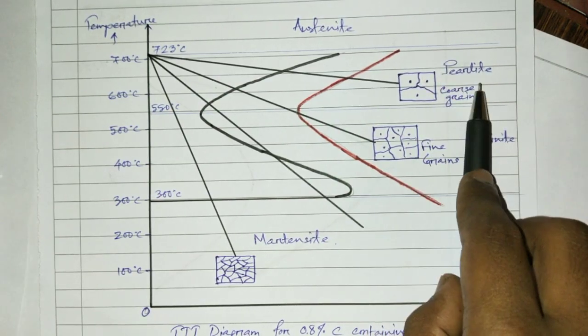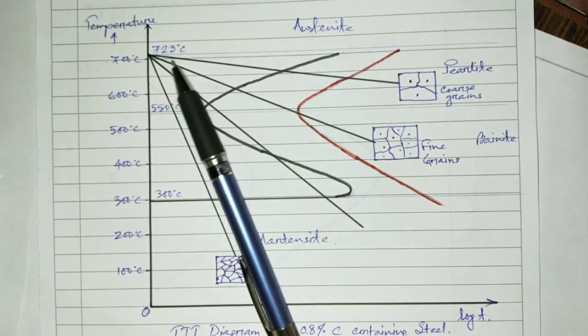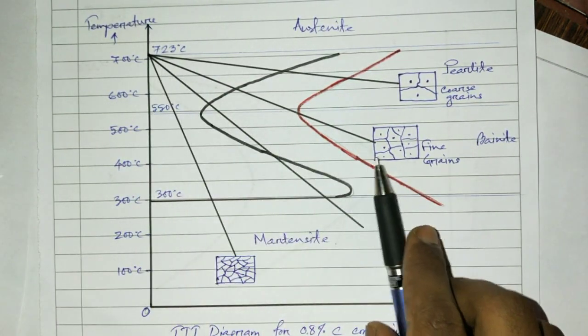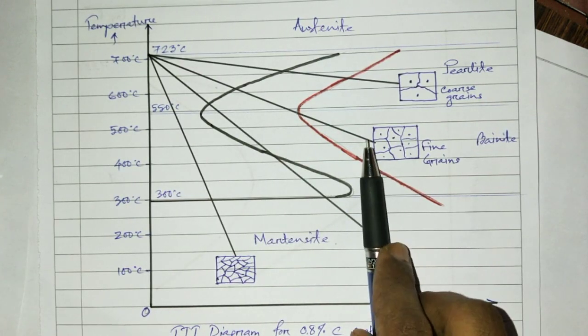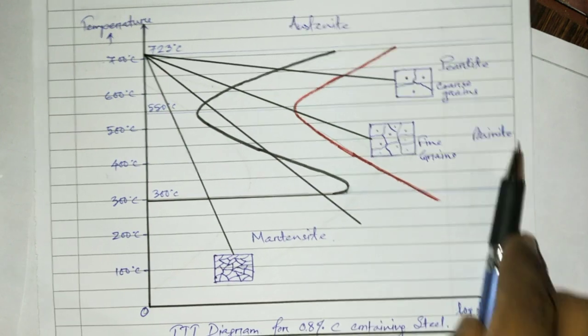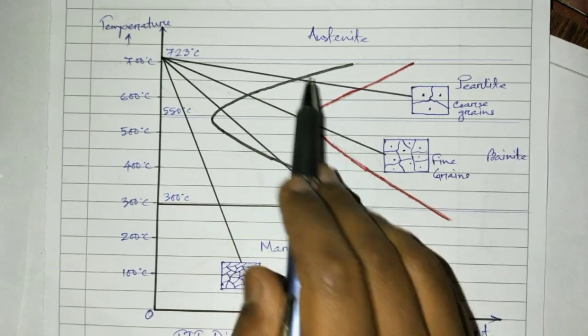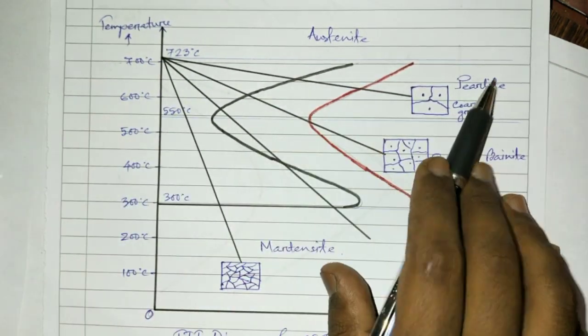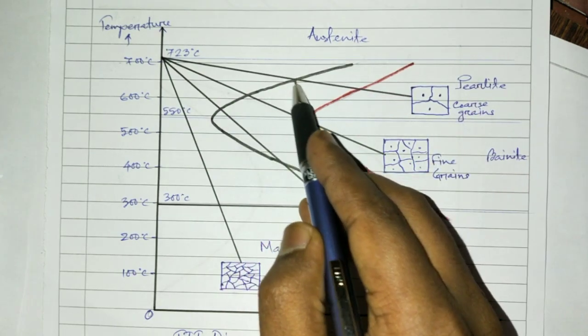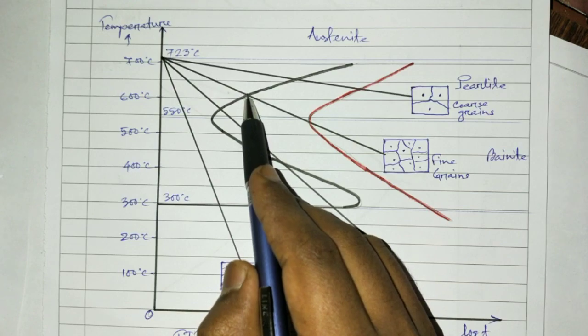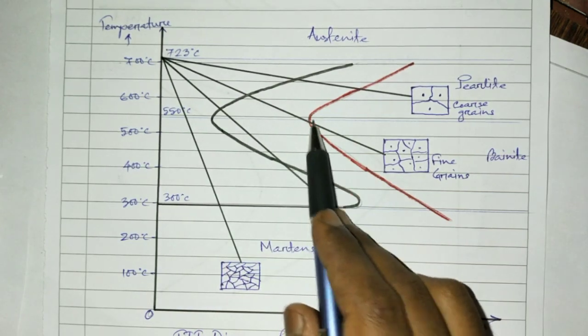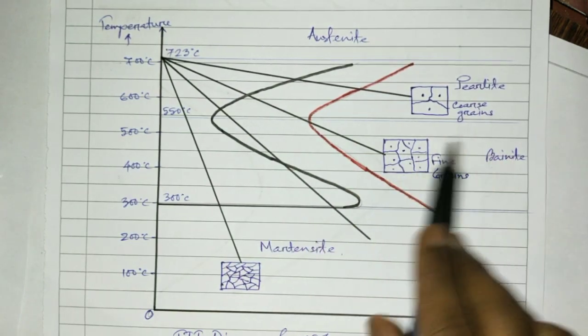If we increase the cooling rate to some extent, lesser time is taken, and then we get bainite formation. Here the transformation starts and here the transformation ends with pearlite. Here the transformation starts, here it ends, and we get bainite.